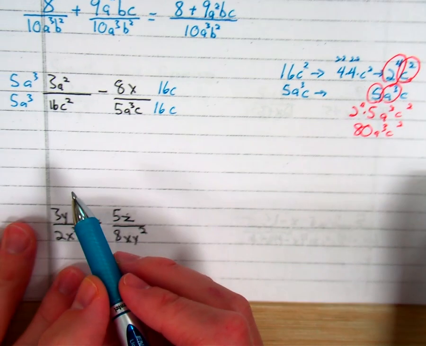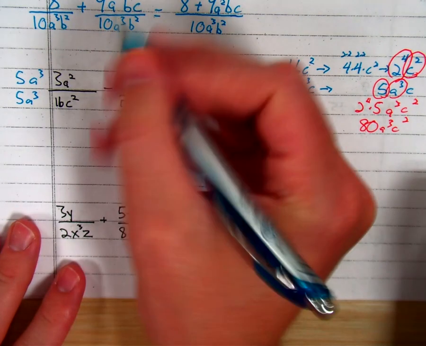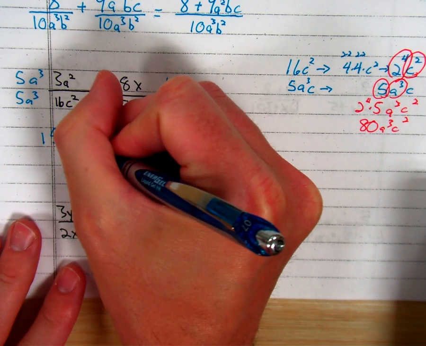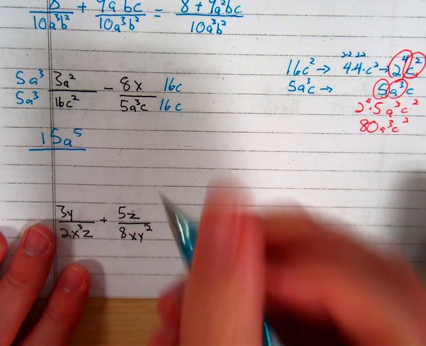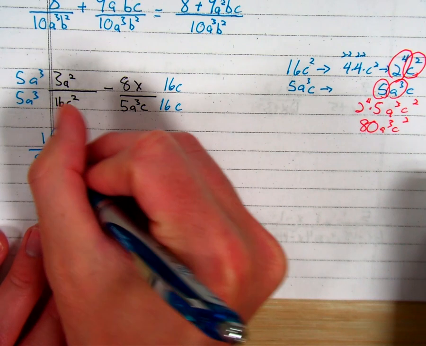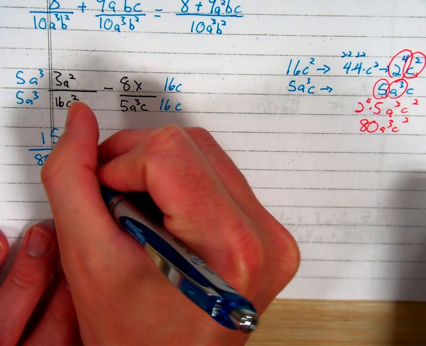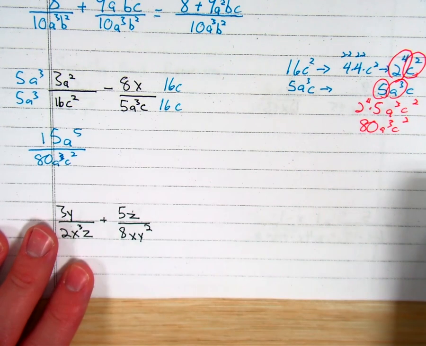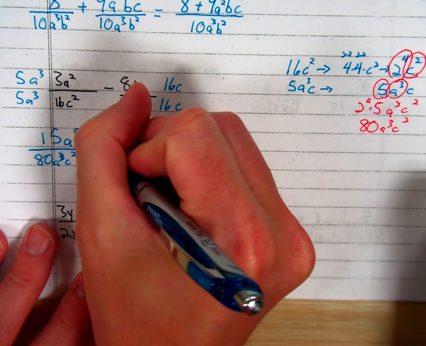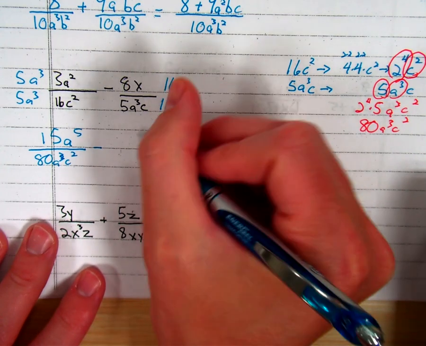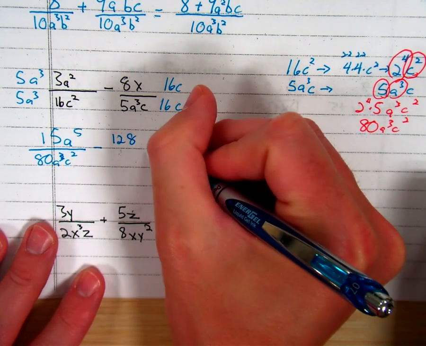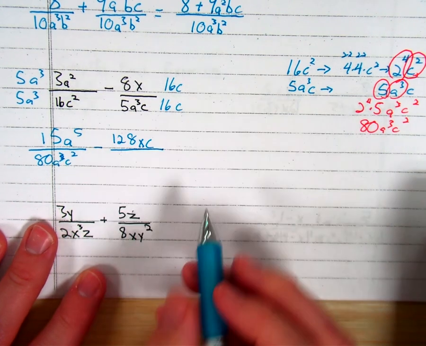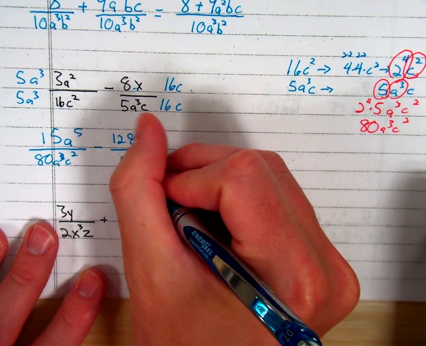All right, so on the top we'll have 3 times 5 or 15. A to the third times a to the second is going to be a to the 5th. 80, a squared, a to the third, c squared, minus 8 times 16 is going to be 128, xc over our common denominator.